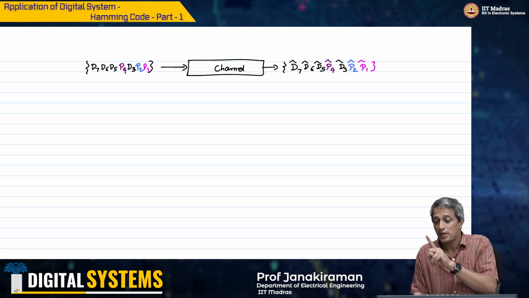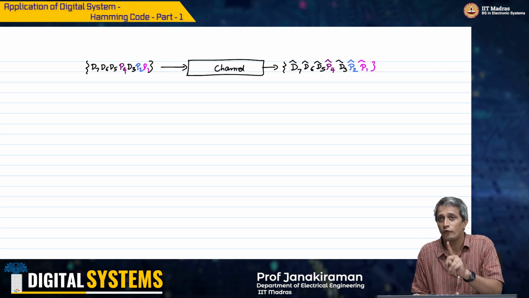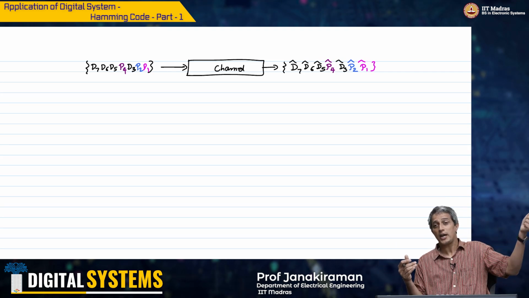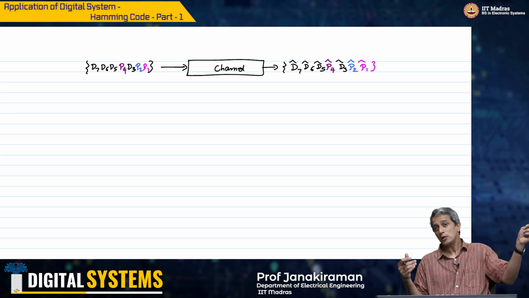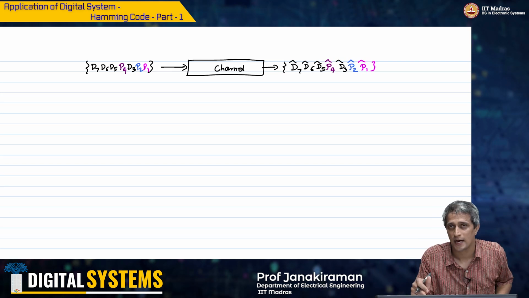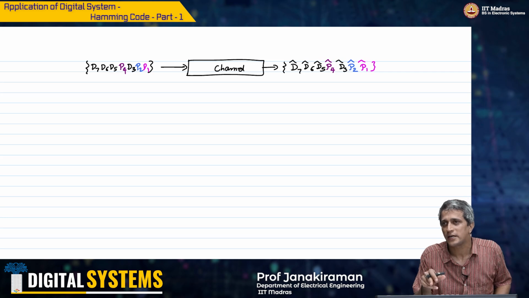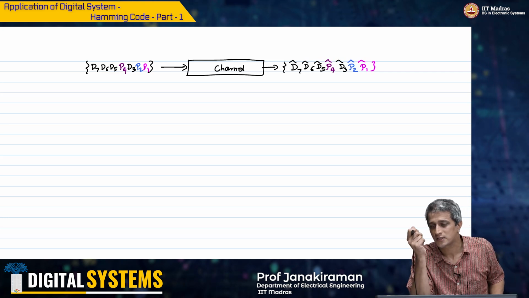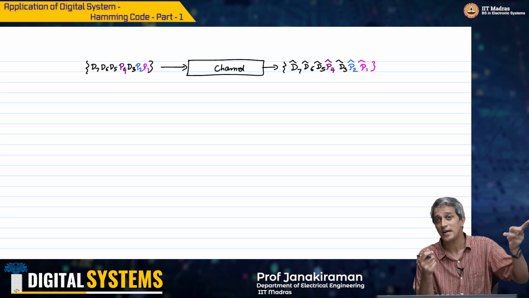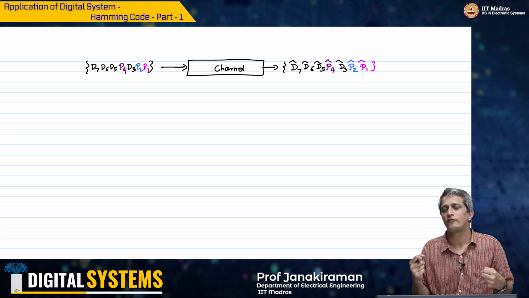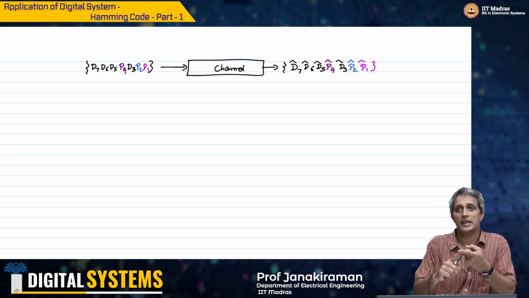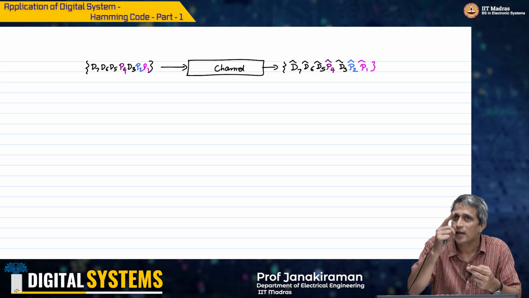P1 hat, P2 hat, P4 hat is my received parity, while the parity was calculated at the transmission side. On the receiving side, I can recalculate this parity and compare against the parity bits sent from the transmitter side, and that is going to tell me whether there is an error and exactly where that error is.